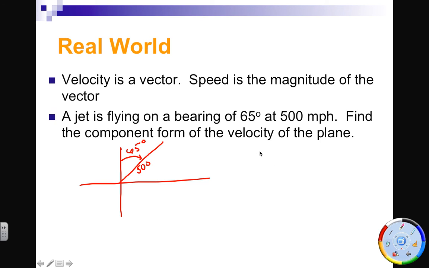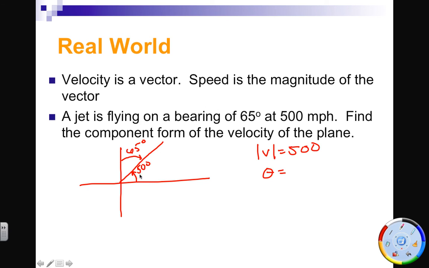So if we call this vector v, the magnitude is 500, and theta is not 65. It is not 65. I think I said that enough now. You have to do things in normal trig, not bearing.